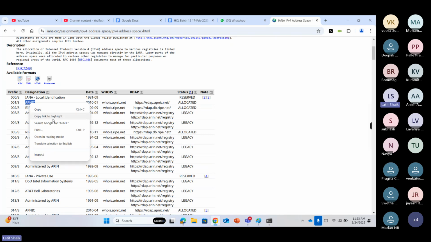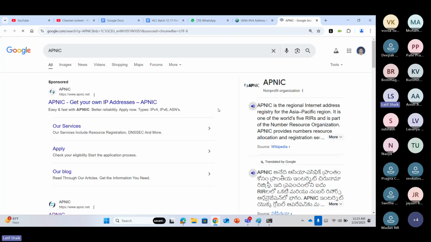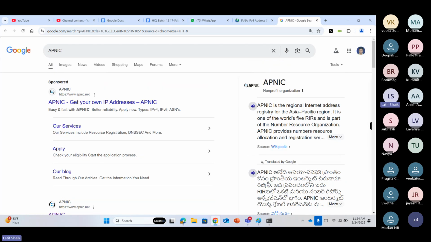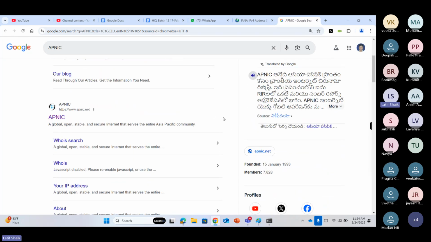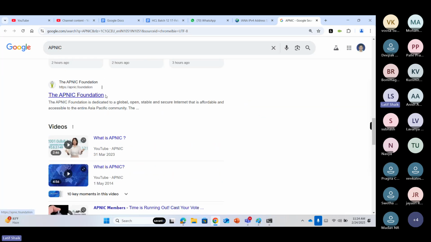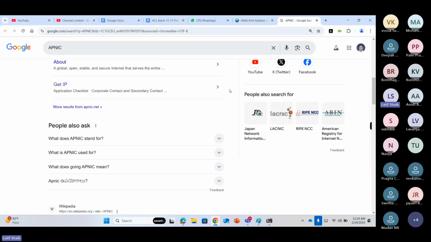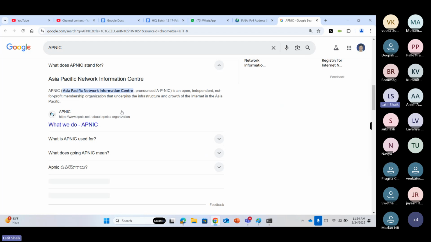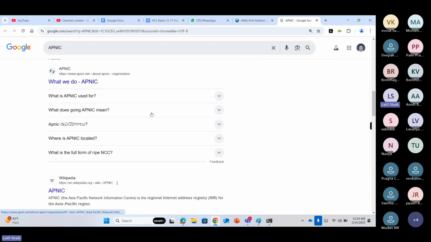Asia Pacific region is APNIC. This is our region. India registration is also separate. But don't try all these websites; you can open them and read the information center.